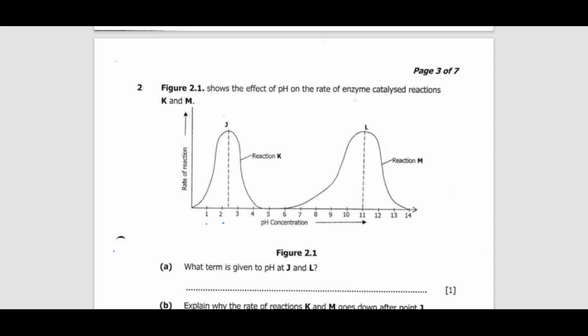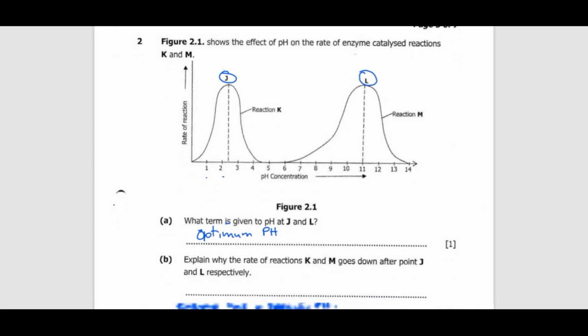Now, what term is given to pH at J and L? The answer is simple. That is optimum pH.